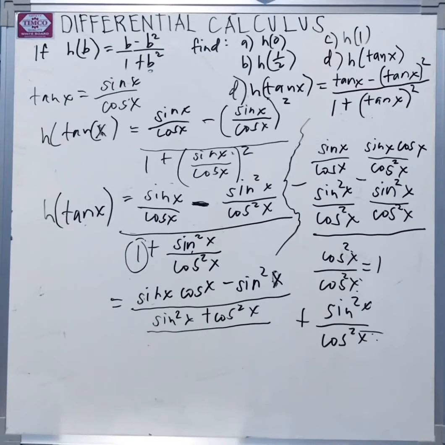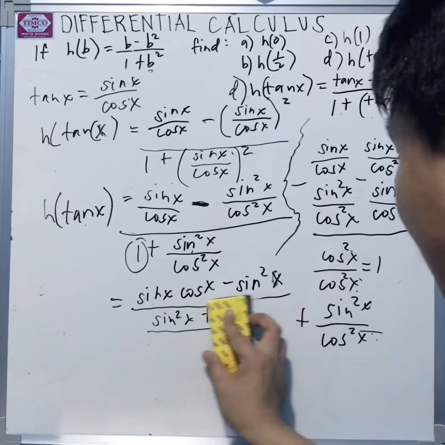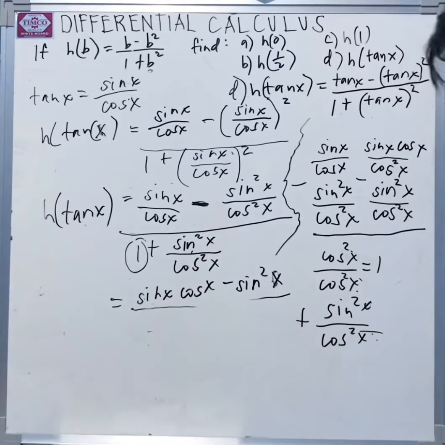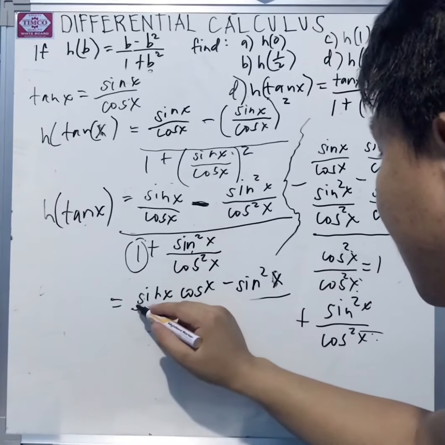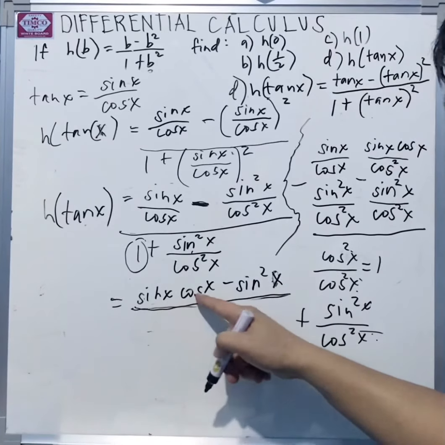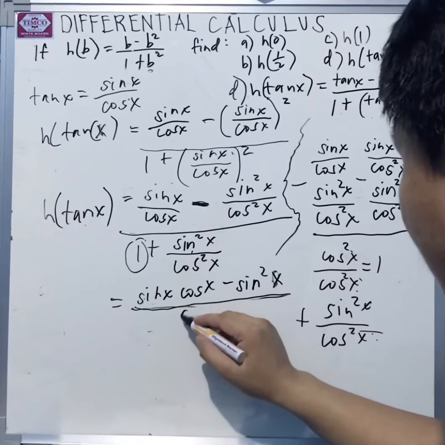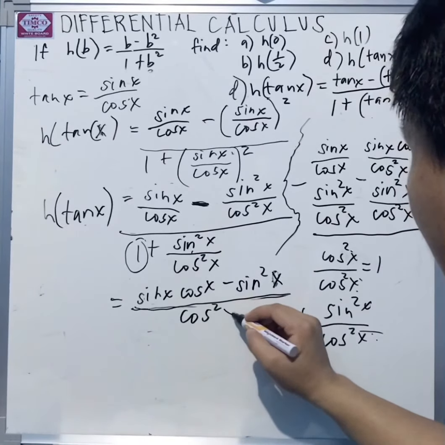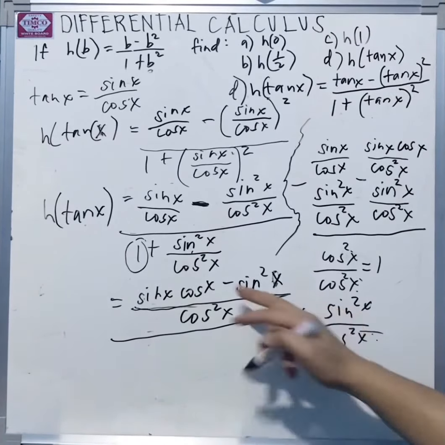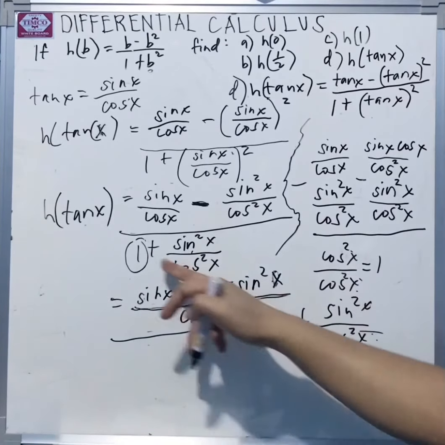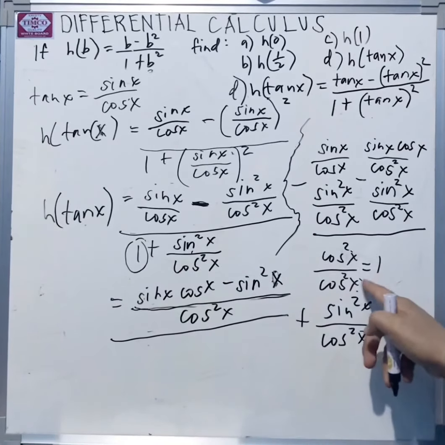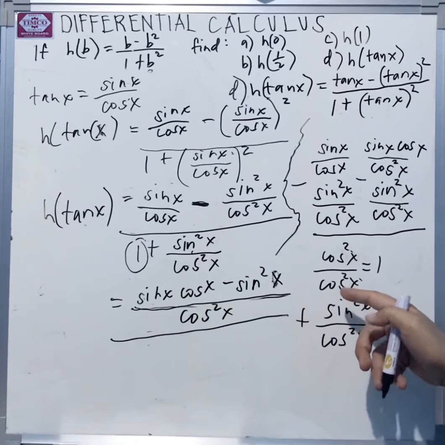Mali, hindi natin nalagay yung denominator nitong nasa taas. So meron tayo dito sin x cosine x minus sin squared x over cosine squared x pa siya, all over yung in-add natin, di ba? 1 is equal din siya sa cosine squared x over cosine squared x.